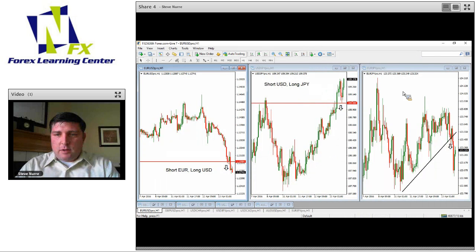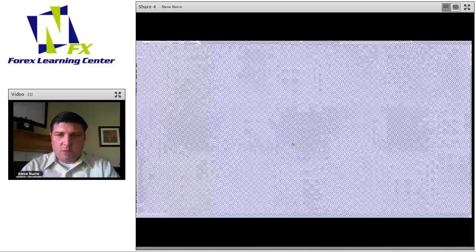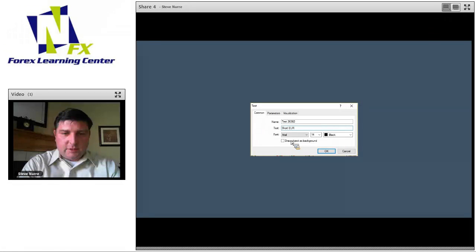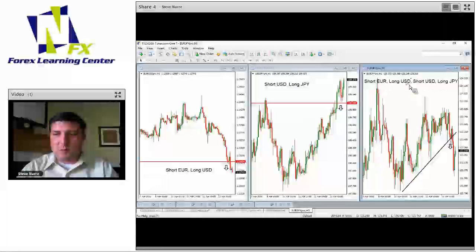Now, if we were to look at shorting this euro yen right over in here, essentially we'd be short euro, long USD, short dollar, long JPY, just like we went through in our PowerPoint earlier. Remember, long and short the dollar means we're short euro, long yen.